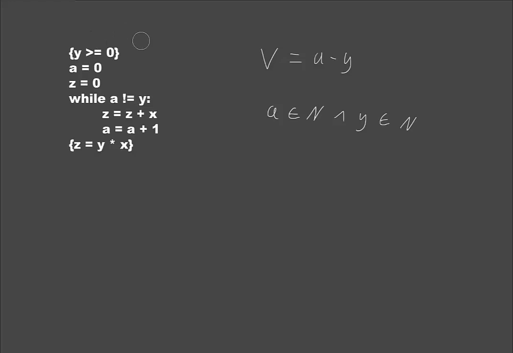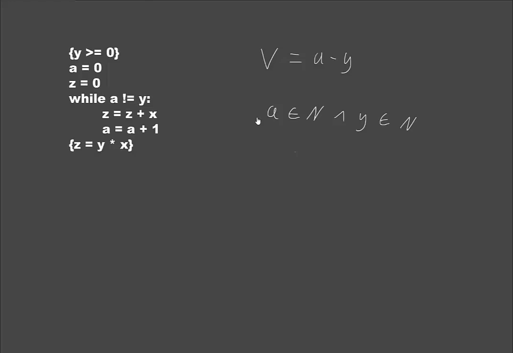So you can write on that you need to assume y is an integer, or something like that, because that is actually a requirement for this algorithm to work. But basically, if a is in the set of natural numbers, and y belongs to the set of natural numbers, then a starts at 0 and y is greater than or equal to 0.